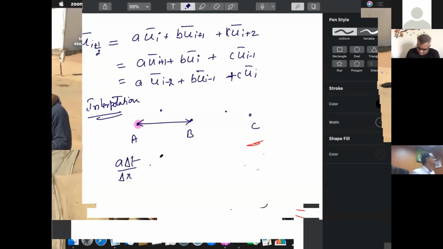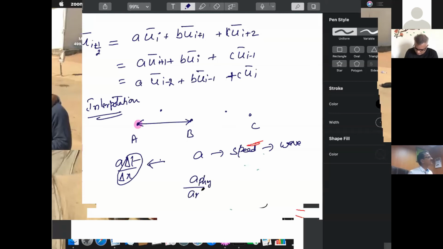If you look at this term, A is the speed with which the wave is traveling, and delta x is a spatial term, delta t is a time term. So delta x by delta t, you have space by time. It's like velocity. So this is like a physics by a numerics.